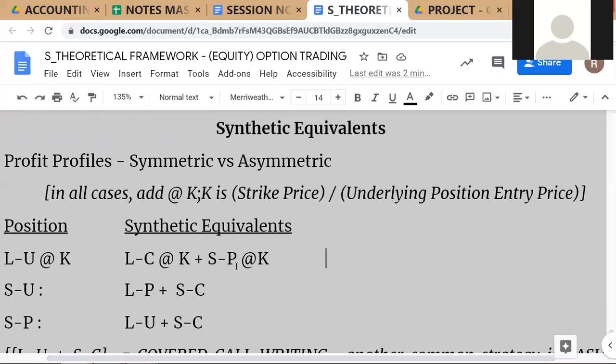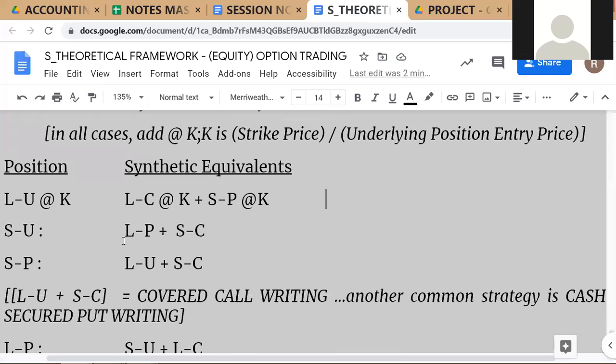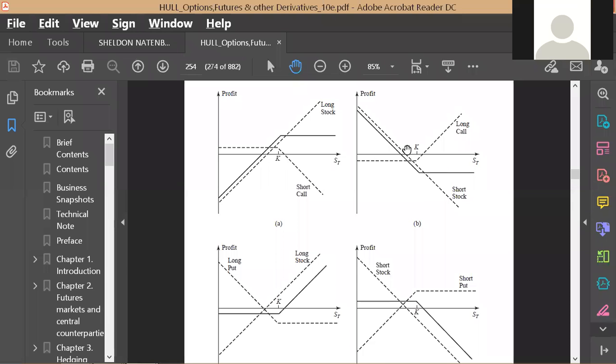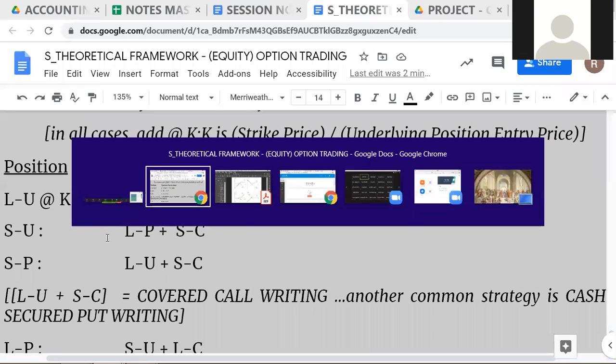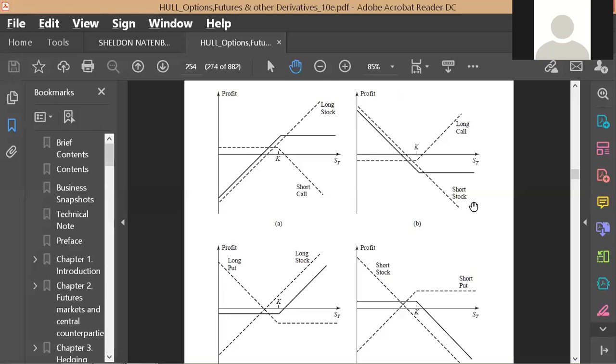So that's the exercise. Then we did, if my position is short underlying at K, what is the synthetic equivalent of that? And the answer is long put, as you saw here. There's no short put here. You're short underlying, okay? So you have to create this kind of profile. Short underlying means the profile is like this.